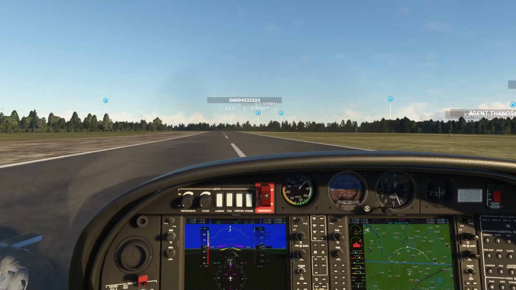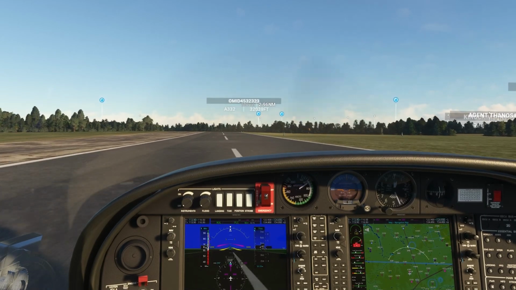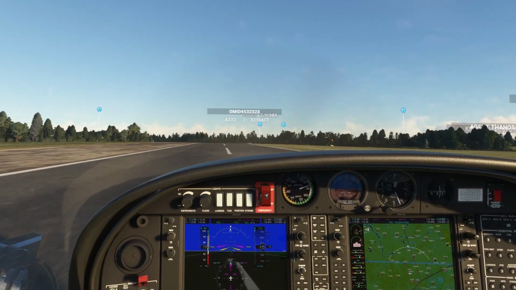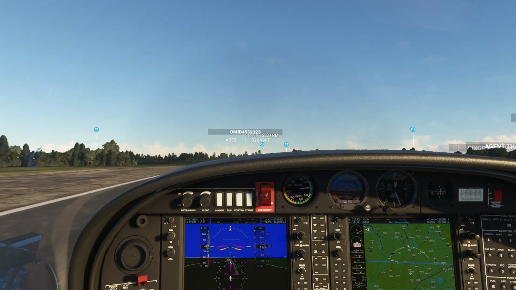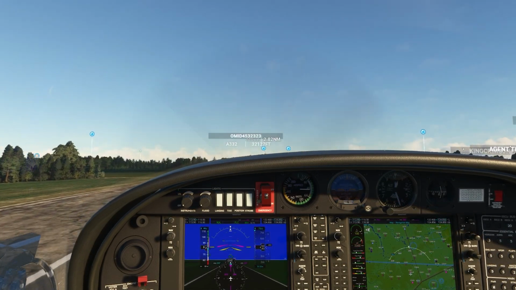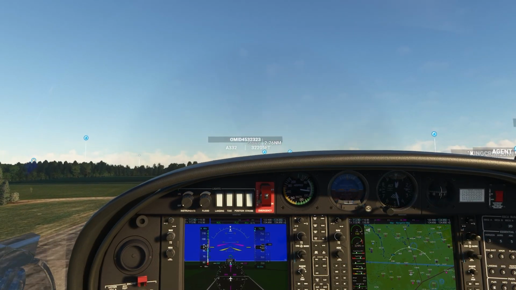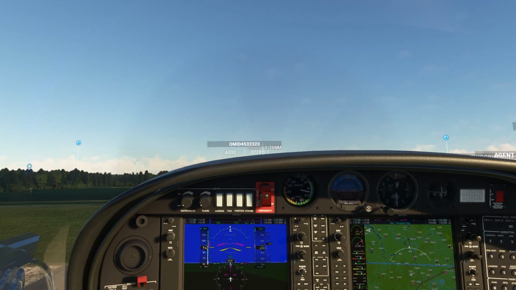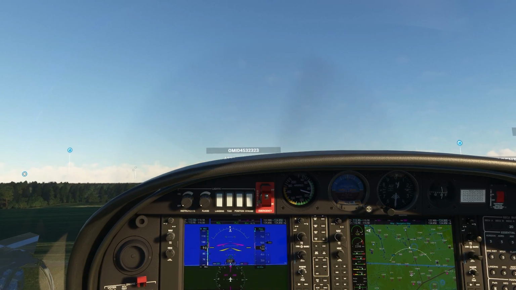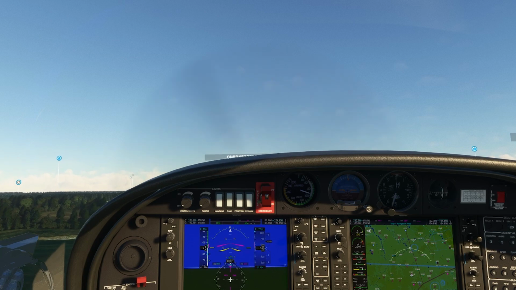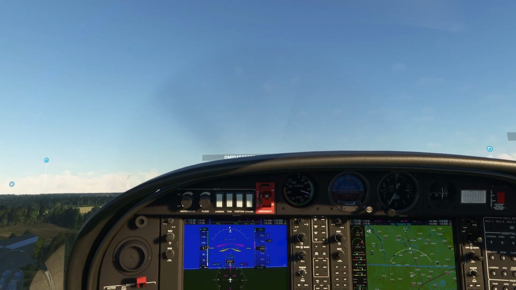Rotating around 69 knots. Up we go. Yeah, it wants to go on its own, this aircraft. Okay, so climb altitude, around about 7.5 degrees. Clear runway, flaps up.